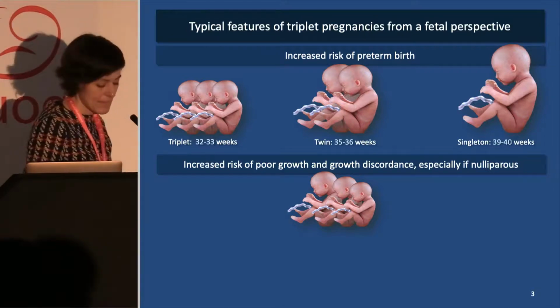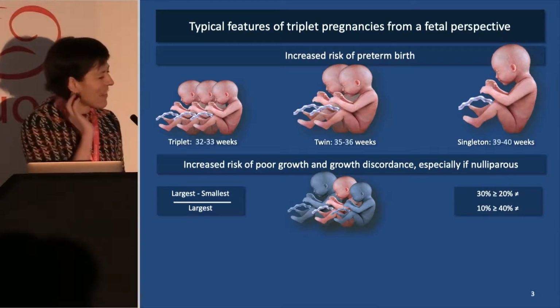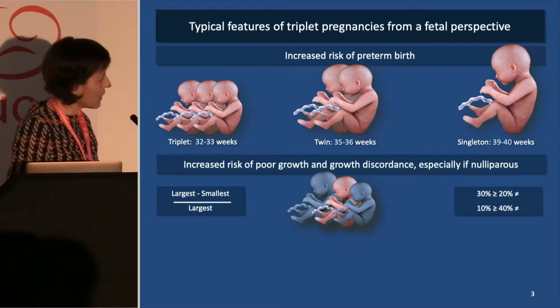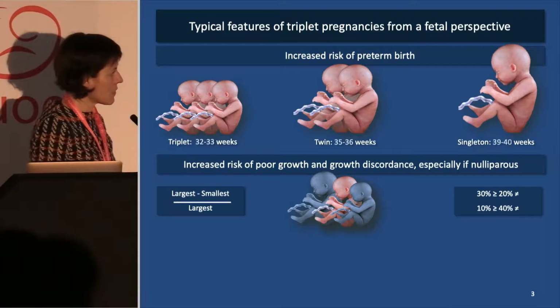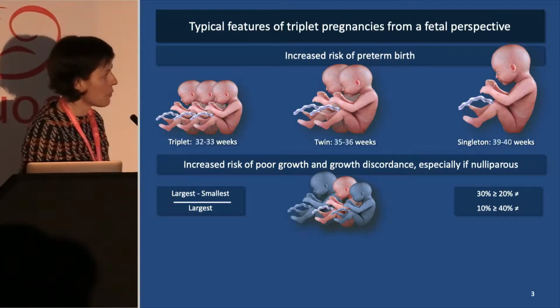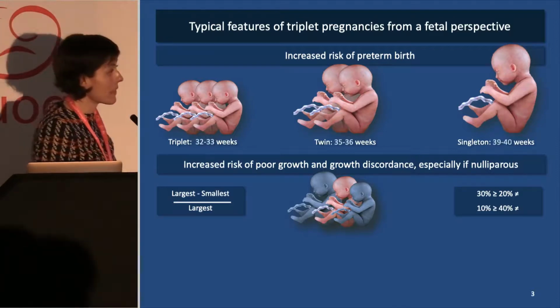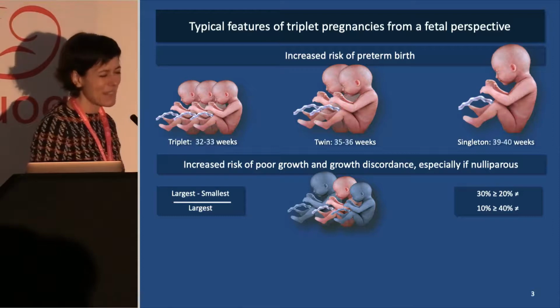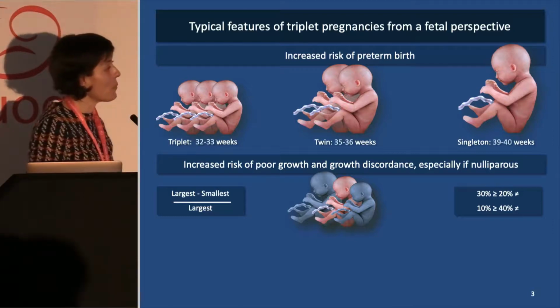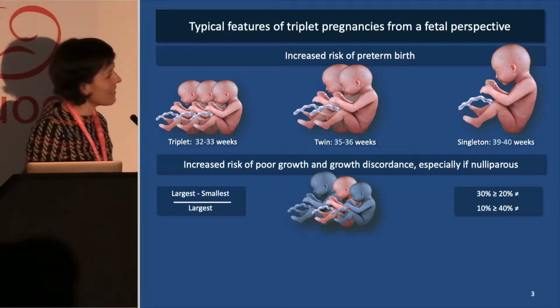And that's an issue, of course, because like Asma addressed, in triplets, we calculate the growth discordance by just taking the estimated fetal weight of the biggest baby and taking the estimated fetal weight of the smaller baby and dividing it by the estimated fetal weight of the larger triplet. And we know that in about 1 in 3 triplet pregnancies, the discordance is 20% or more, which is the discordance that is significant in the twin setting.